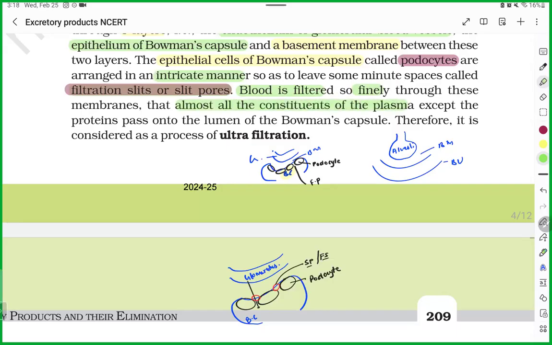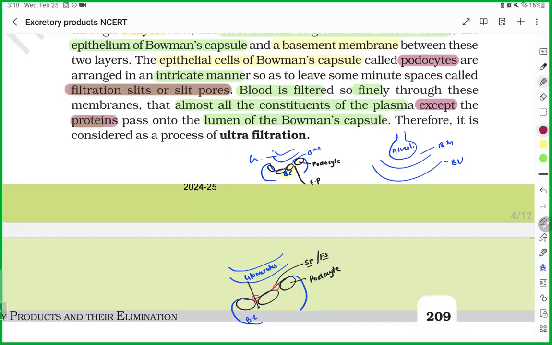Blood is filtered perfectly through this membrane, so almost all the constituents of the plasma, except protein, will pass into the lumen of the Bowman's capsule. Remember, protein will not enter into Bowman's capsule. Why? Protein size is bigger than the slit pore size.